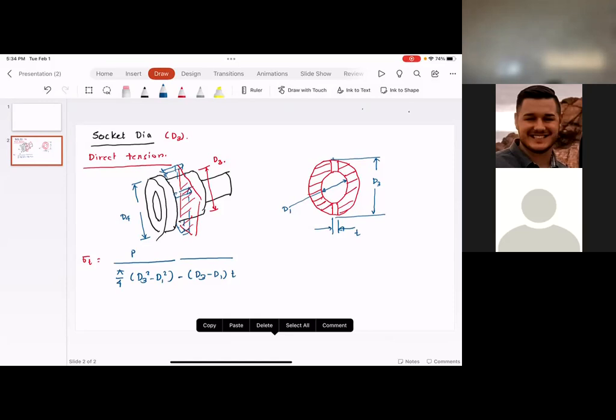Oh, that's standard. If you look at the design data book, they will give you taper like 1 to 20, 1 to 24. And again, it depends upon the type of application you want. For example, for some heavy duty applications, the taper would be less, because the cotter is like a wedge.